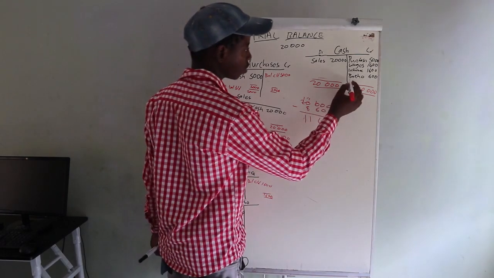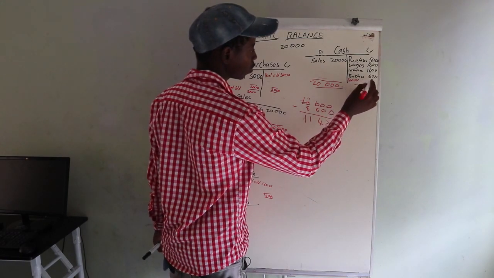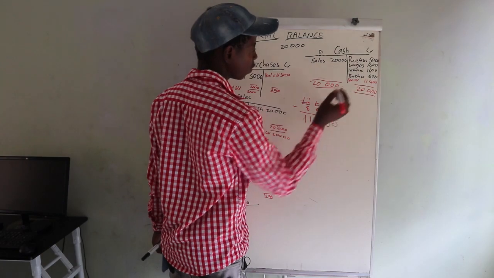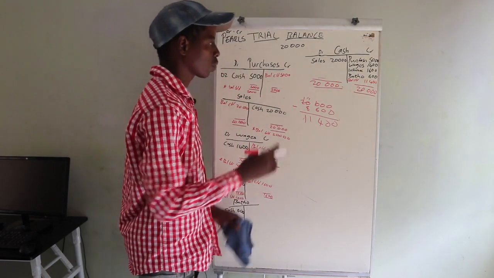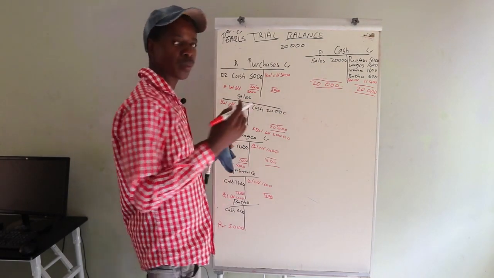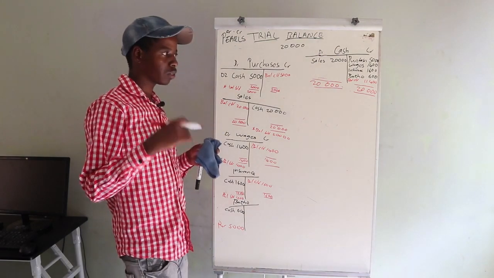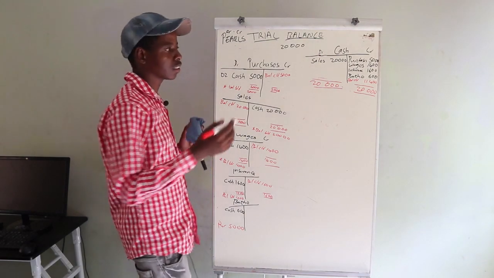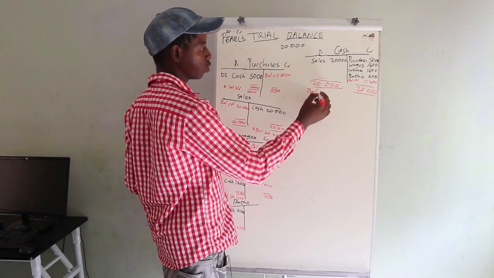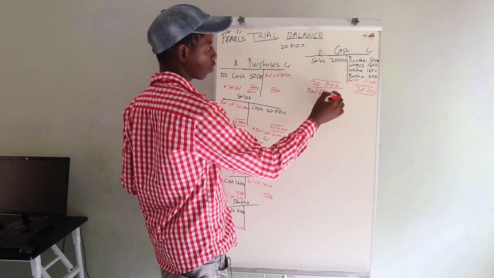So our balance CD is going to be 11.4, right? Now let's write our balance brought down. Remember, for balance brought down, we take the balance CD and place it on the other side, right? So under this figure, balance brought down to the new month, right? So we take 11.4.